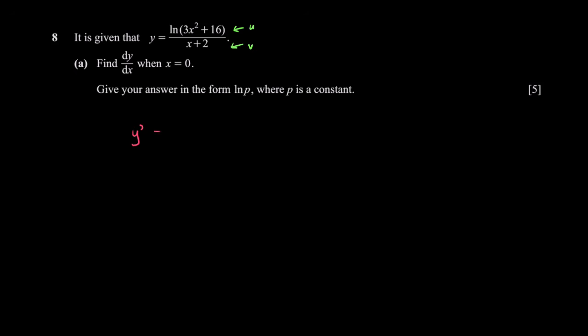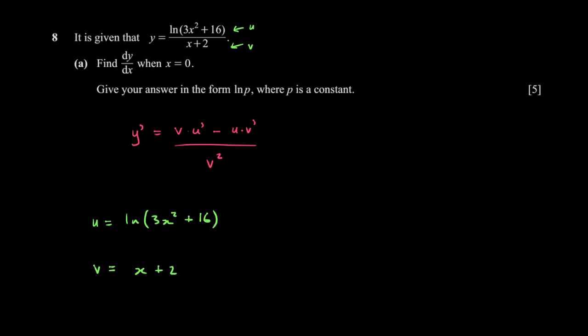Okay, and so what is the quotient rule? Well, y prime is equal to v times du/dx minus u times dv/dx, all over v squared. So that's the rule. If we're a little bit shaky on this, the best thing to do is to do each thing separately. So our u is ln(3x squared plus 16), and our v is x plus 2.